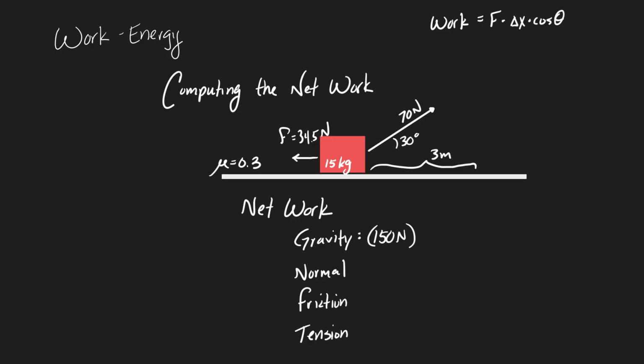And how far does the box go? It goes 3 meters. And what is the angle between gravity and the displacement? 90. So how much work is done by gravity? Absolutely 0. Why? Because the force and the displacement are at 90 degrees to each other.